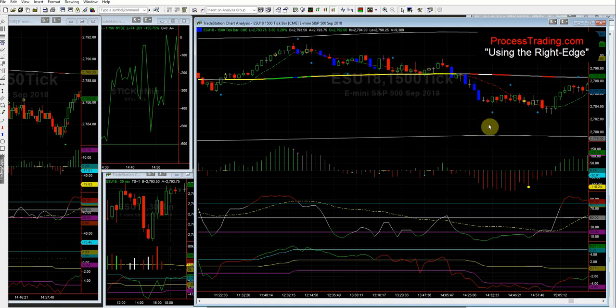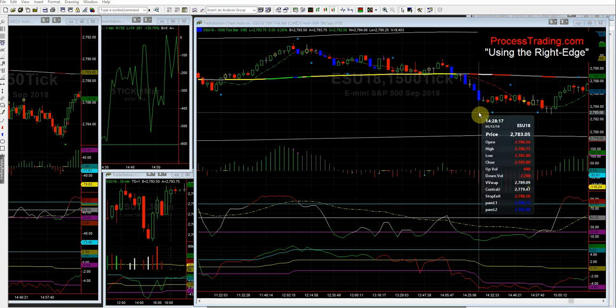So at 92, actually you could have stayed in down to here, but system-wise, it crossed the stop loss line right here and closed above it right there. So you would have been out right around the bottom of this bar here. So let's see where that is. That low is at 80.85.